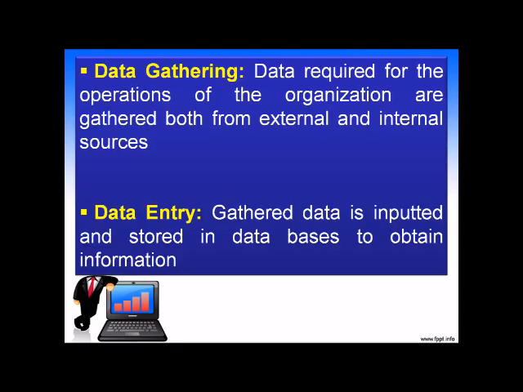It is nothing but data required for the operations of the organization are gathered both from external and internal sources, which means that data gathering is collecting the data from the related sources such as internal and external sources. The internal source is nothing but collecting the data within a company or an organization.